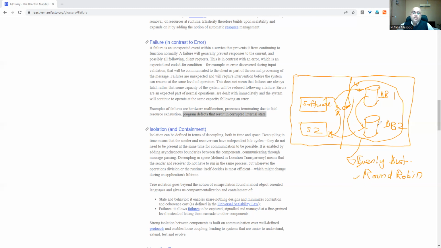All right. Let's differentiate between error and failure. So what would an error be? Just a trivial example: if we try to insert into some table a row where the data does not match the schema, right?